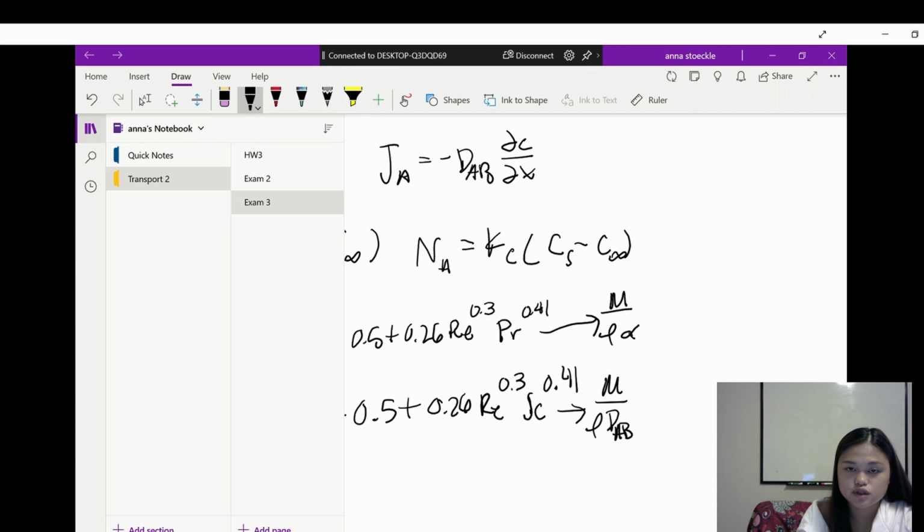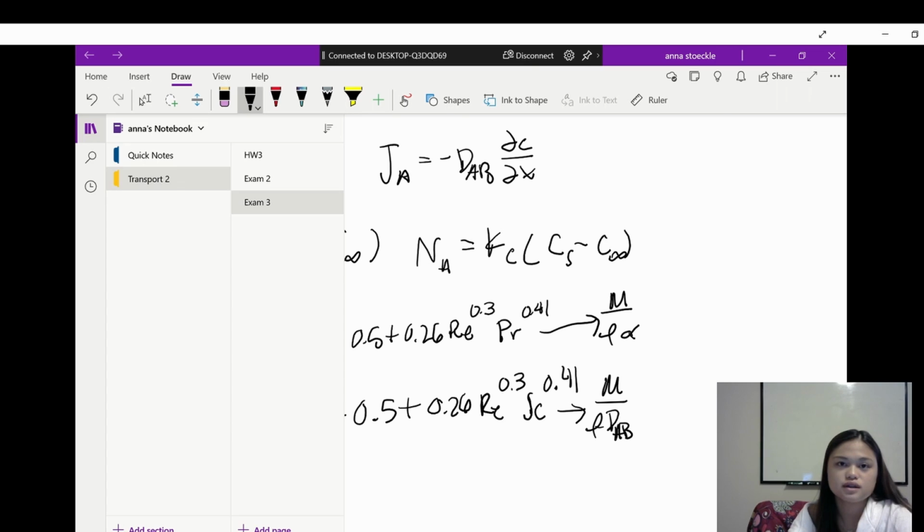So really, looking at these, the only difference is those diffusivities. And that's really significant. The coefficients and exponents found experimentally are just made up numbers. The important part is that under similar conditions, the heat transfer and mass transfer are comparable, and those coefficients and exponents will be the same for each other.